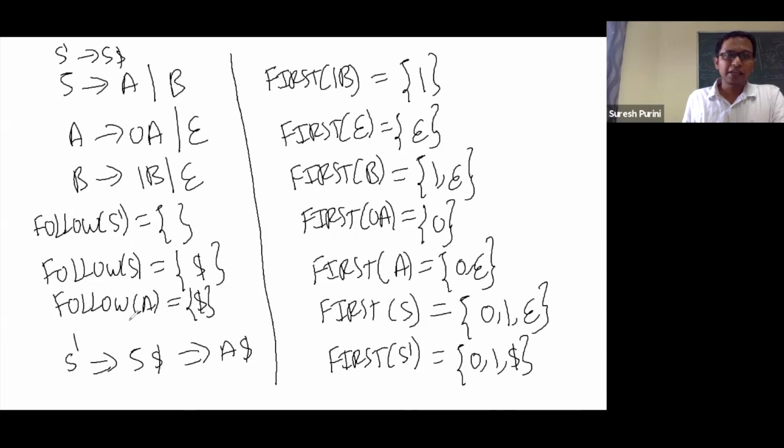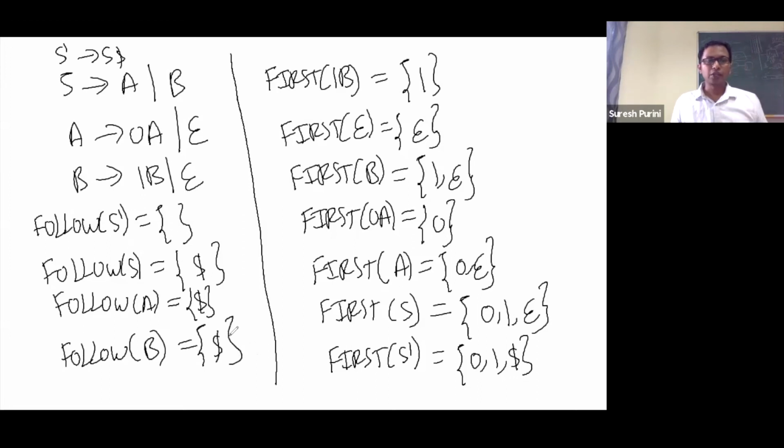We can apply the same substitution rule to compute the follow set for B, which turns out to be the same. Okay, so these are the different follow sets for the different non-terminal symbols that we have for this grammar.